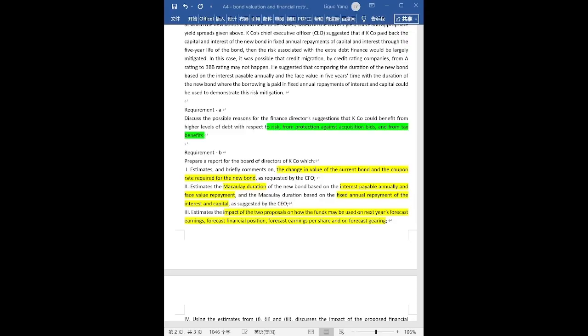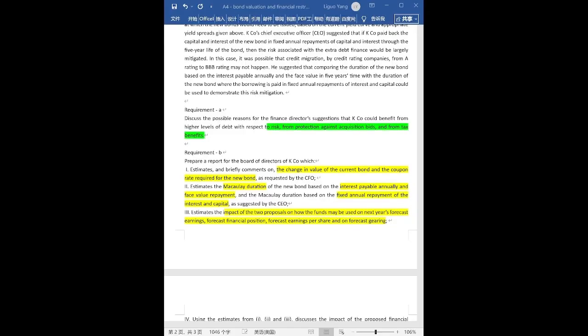So I think by far we have covered the potential benefits of a higher level of debt.